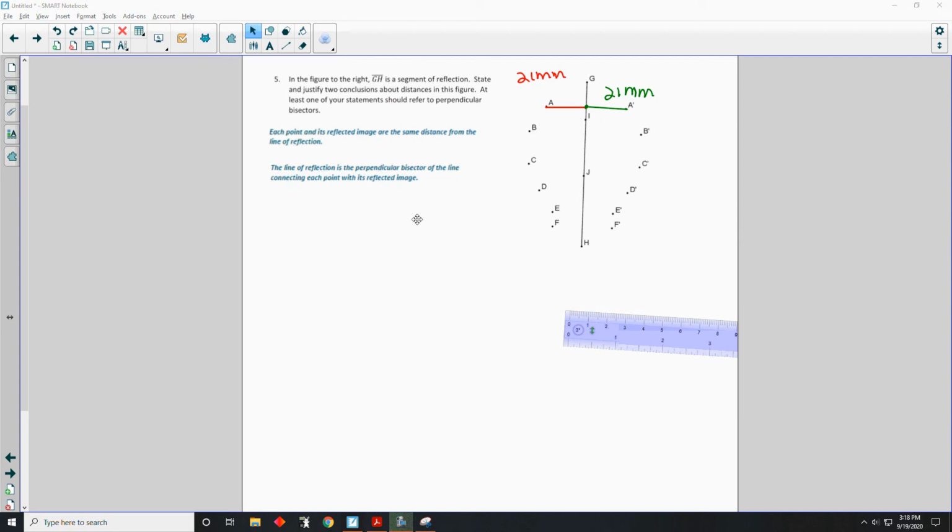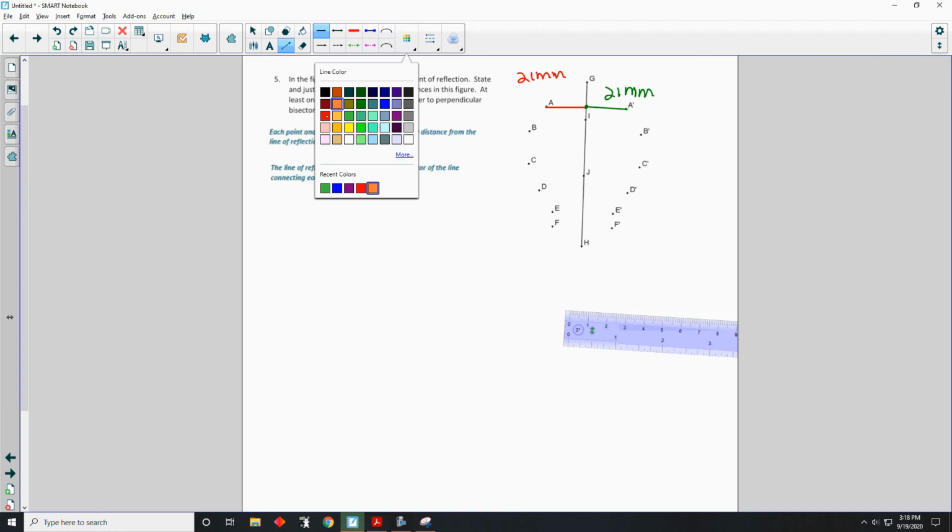So one of our statements has to mention perpendicular bisectors. So here we go. The line of reflection is the perpendicular bisector of the line connecting each point with its reflected image.